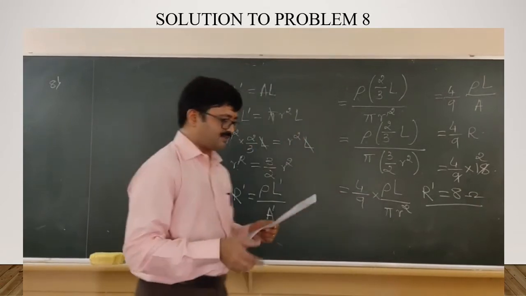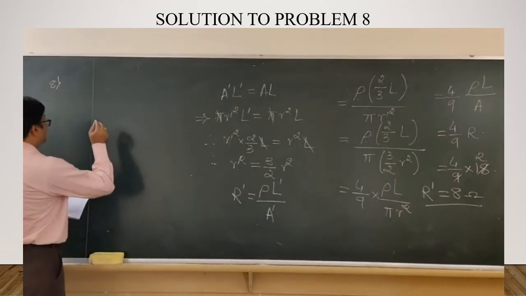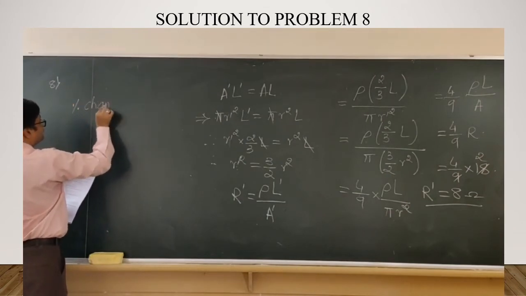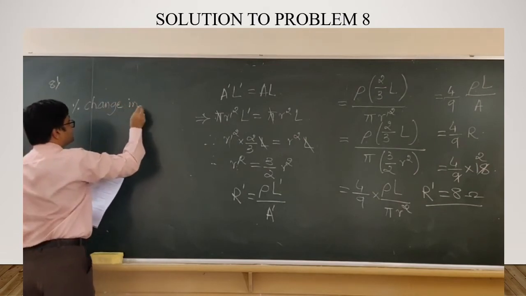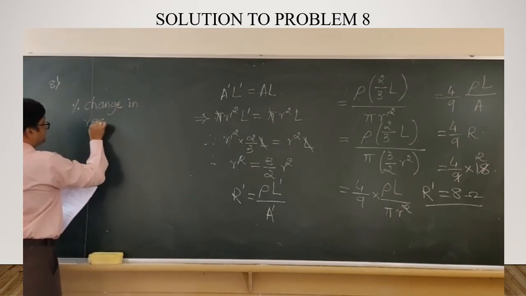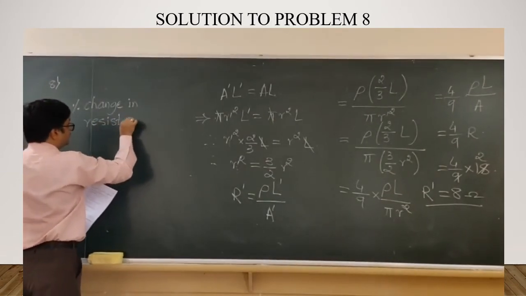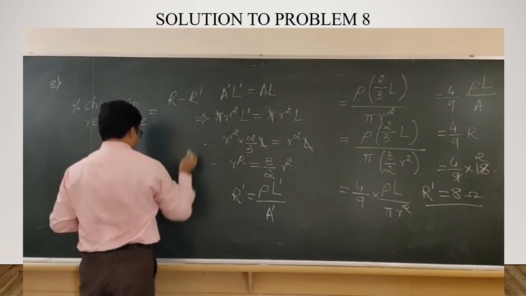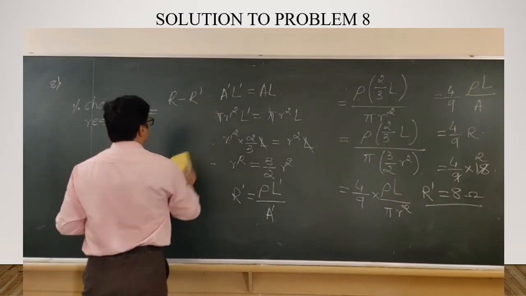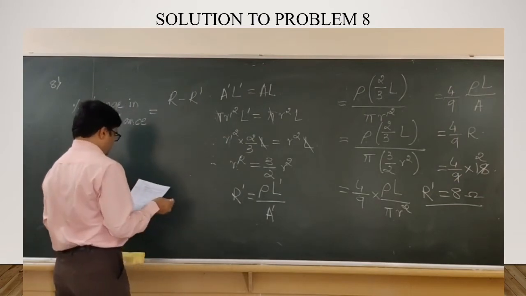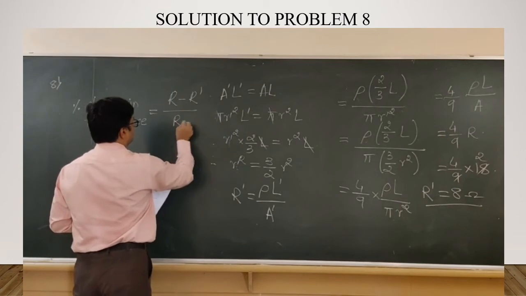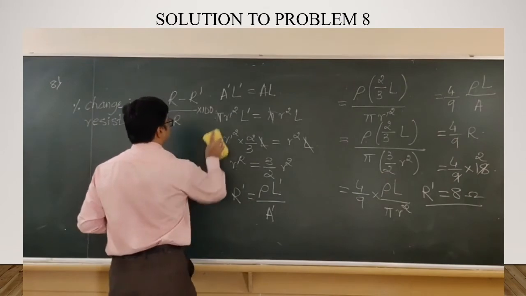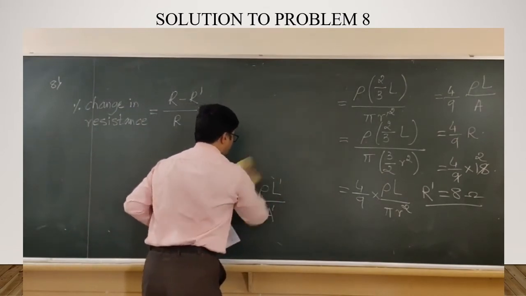So percentage change we can very easily calculate. Percentage change in resistance is equal to R minus R dash divided by R into 100, so that it will not confuse you.